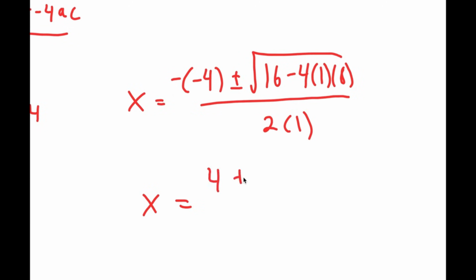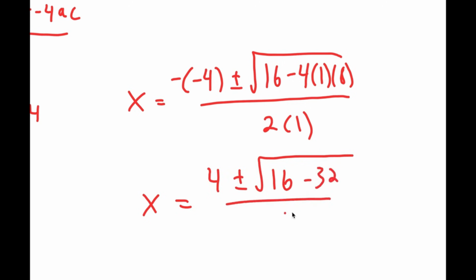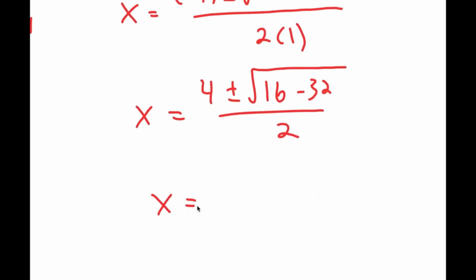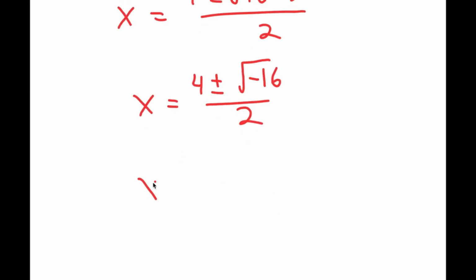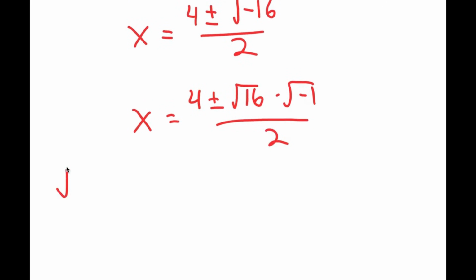And this turns into 4 plus or minus the square root of 16 minus 32, over 2, which turns into 4 plus or minus the square root of negative 16, over 2. So now, the square root of negative 16, I can rewrite as the square root of 16 times the square root of negative 1, over 2, and the square root of negative 1 is equal to i.